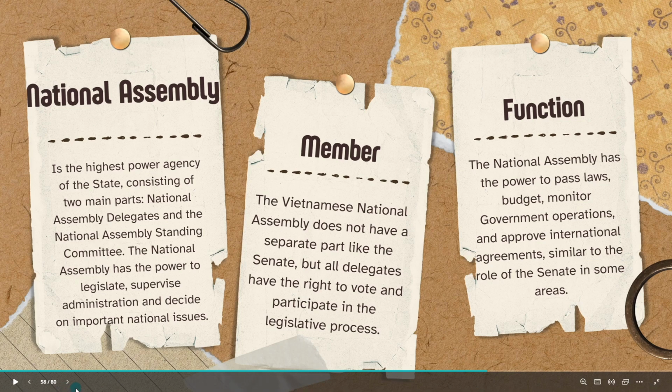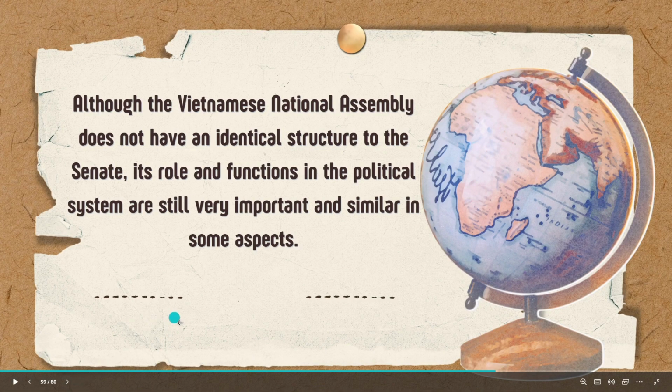The National Assembly has the power to pass laws, approve the budget, monitor government operations, and approve international agreements, similar to the role of the Lords in some areas. And I think although Vietnam's National Assembly doesn't have an identical structure to the Lords, its role and function in the political system are still very important and similar in some aspects.